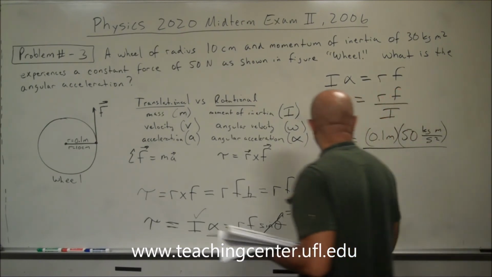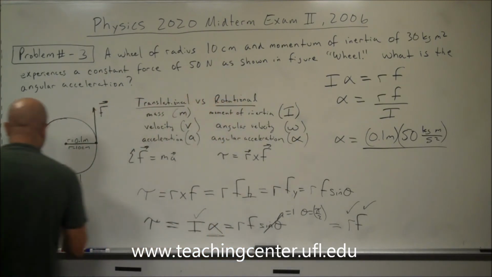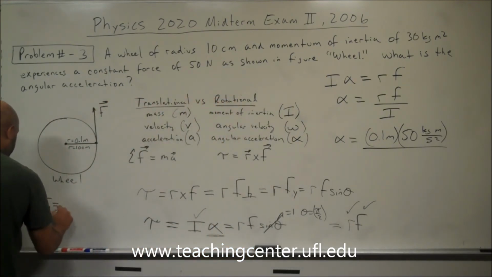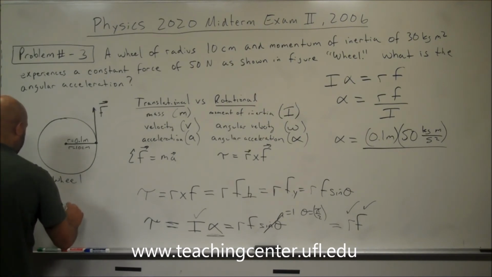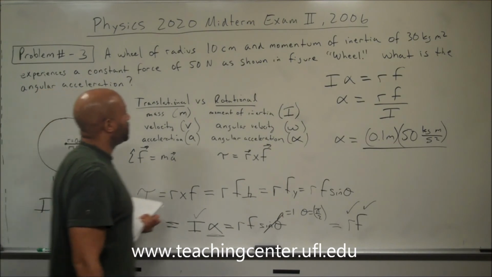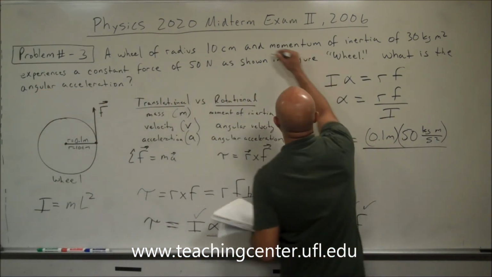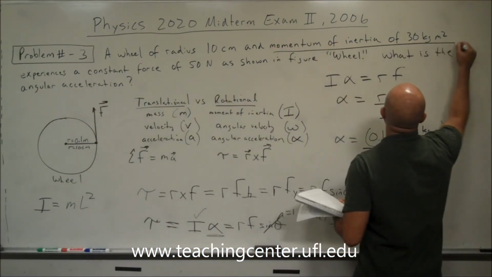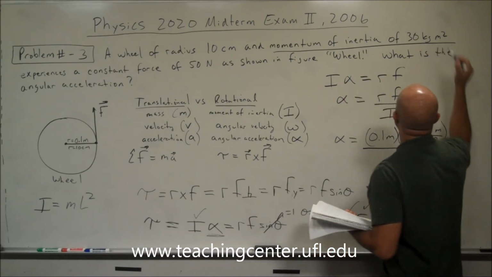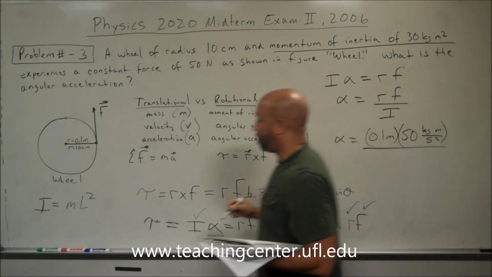Now, let's see, over here, moment of inertia is basically defined as m times L squared, but this was actually given in the problem as 30 kilograms times meter squared.